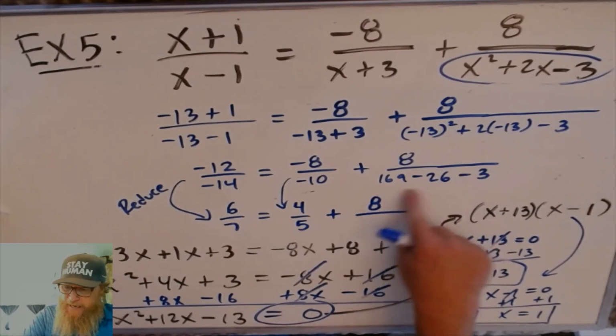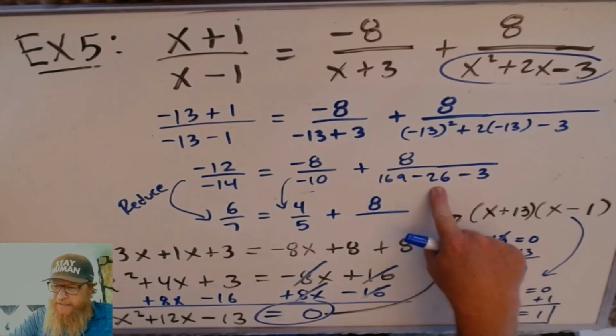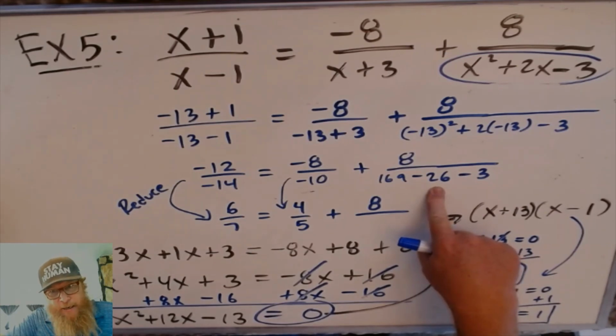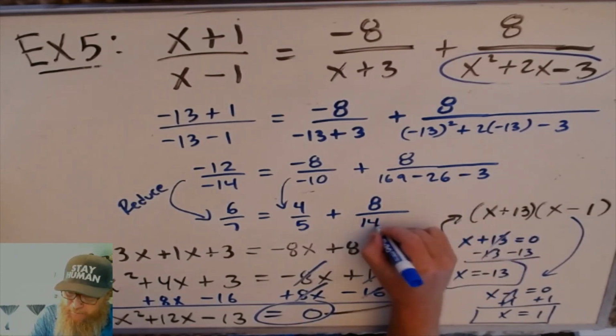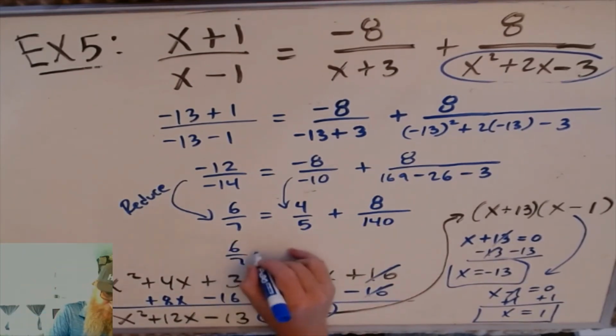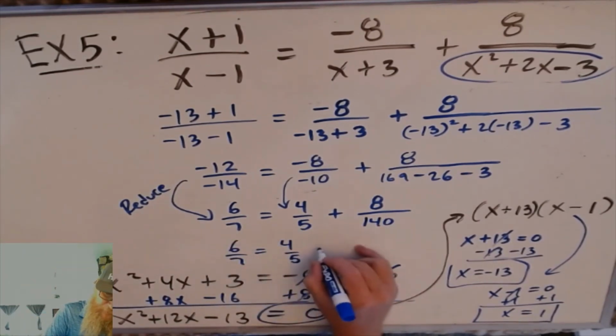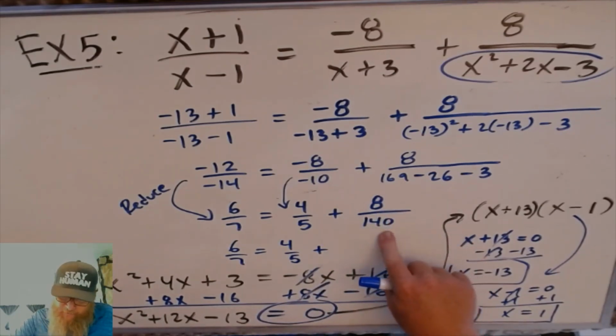The denominator, 169 minus 26. You want to keep track of that? What's 169 minus 26? That would be 163 minus 20, which would be 143. And then minus 3 would be 140. Reduce that. Does 8 go into 140? I'm not sure.